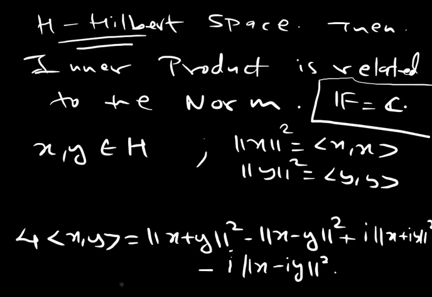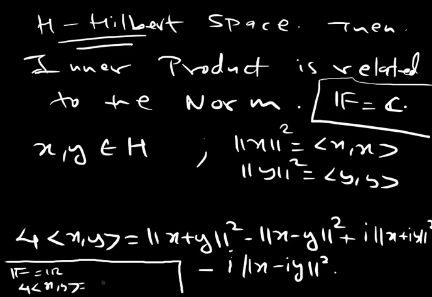So let's try to prove this thing. This is for the complex case. For the reals, if F is R, then in this polar identity we just have norm of x plus y whole square minus norm of x minus y whole square.